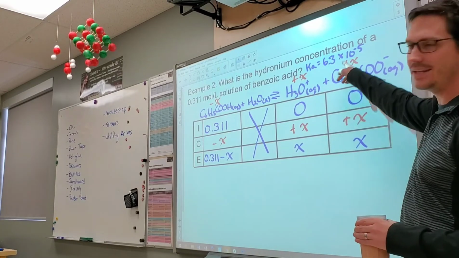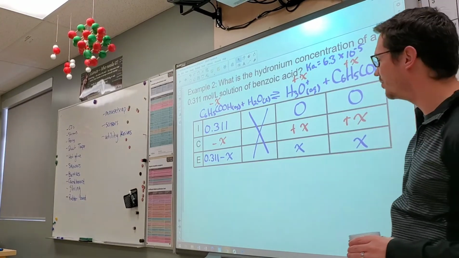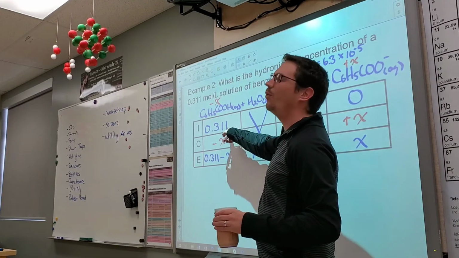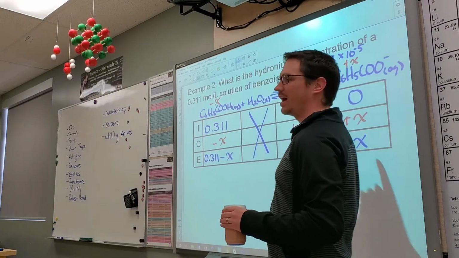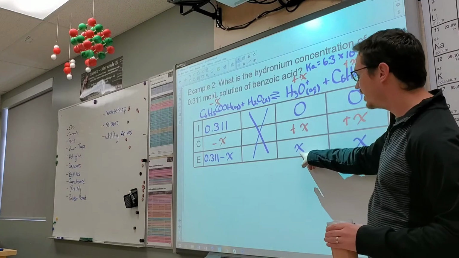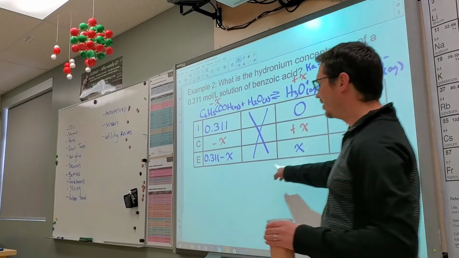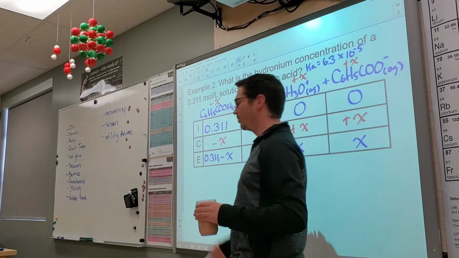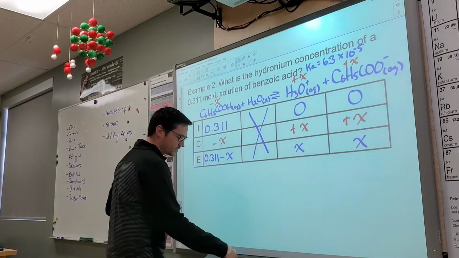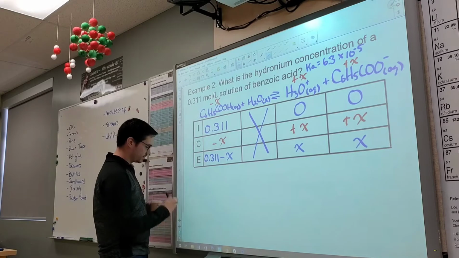That's a tiny K value. It's so tiny, right? 1 out of 20,000 of these is going to react. So yeah, you're going to get a small change, but it's big compared to 0. You're going to get a tiny change compared to 0.311. So that's the reason why we're allowed to do this.